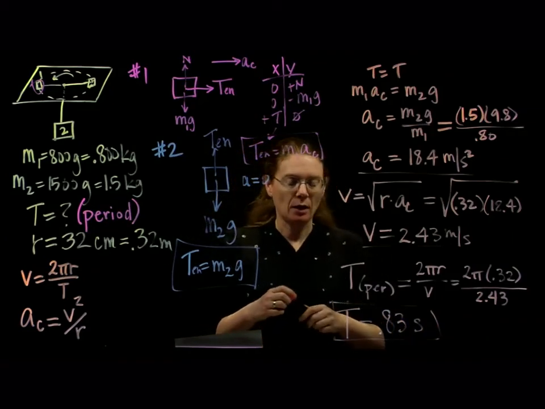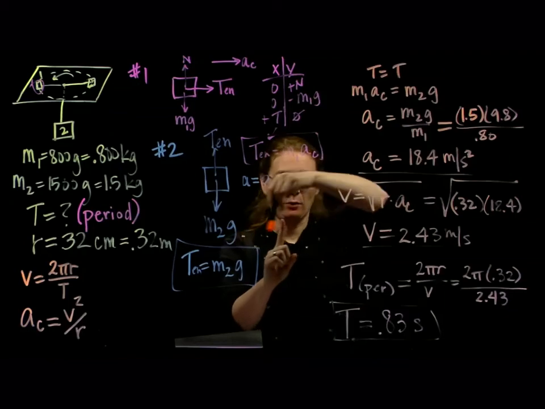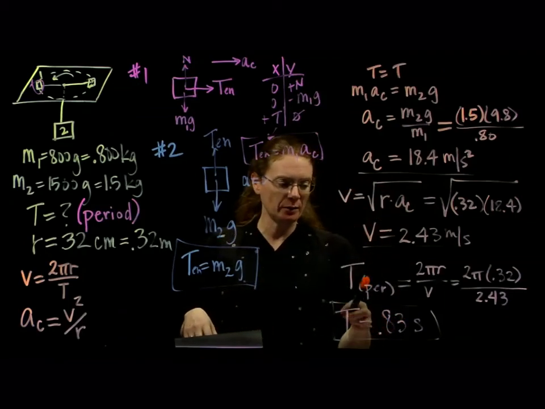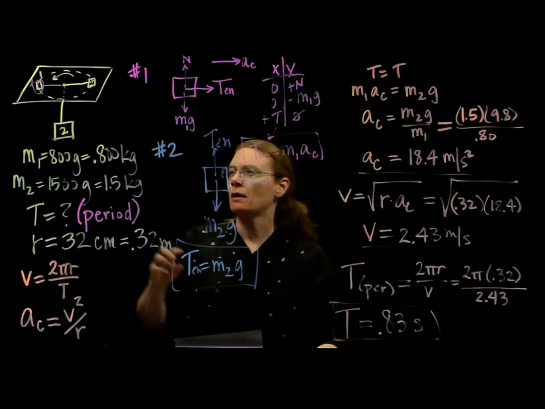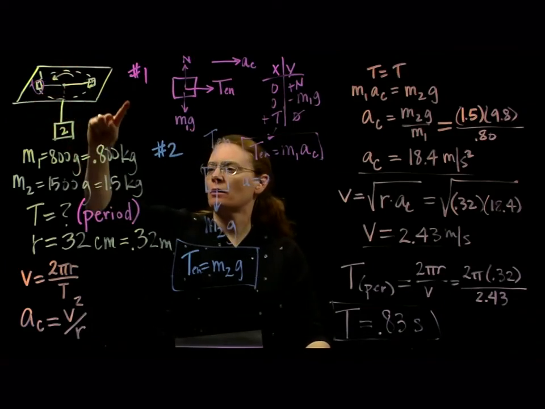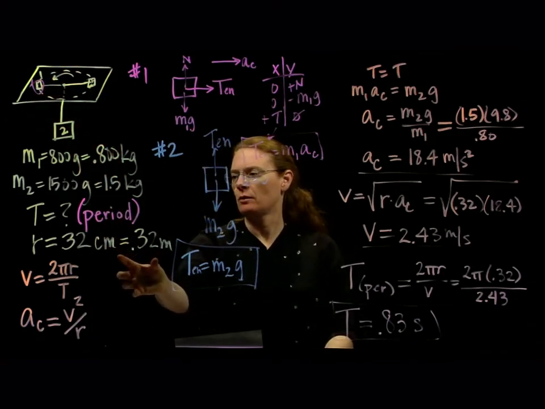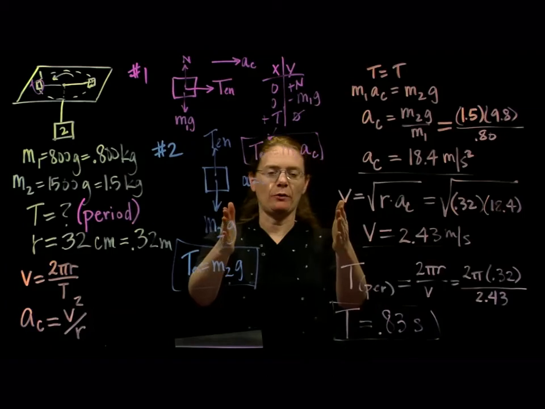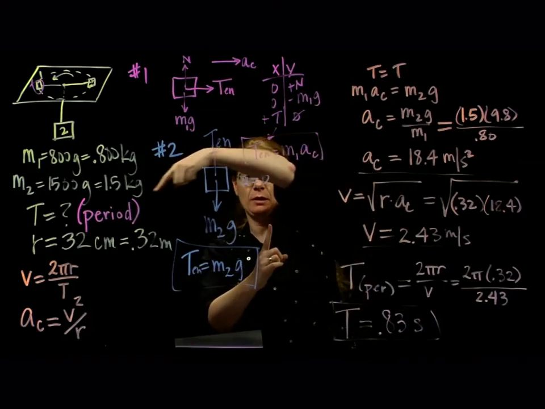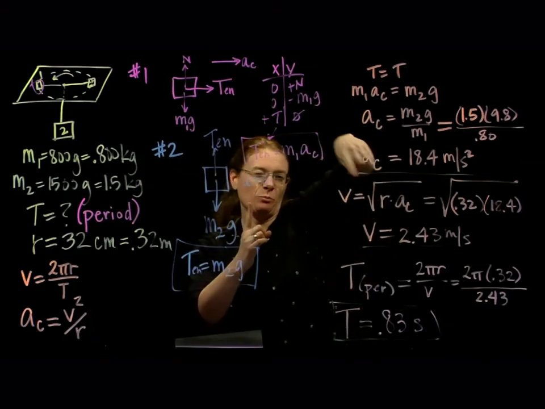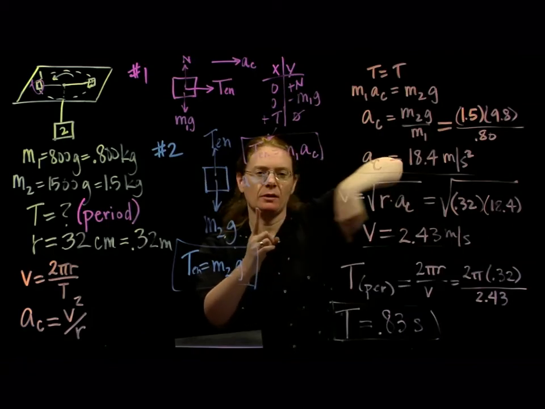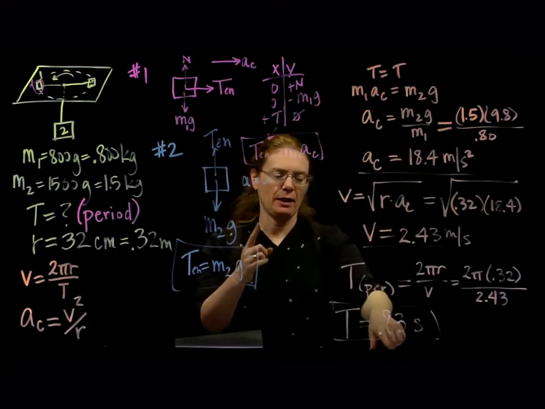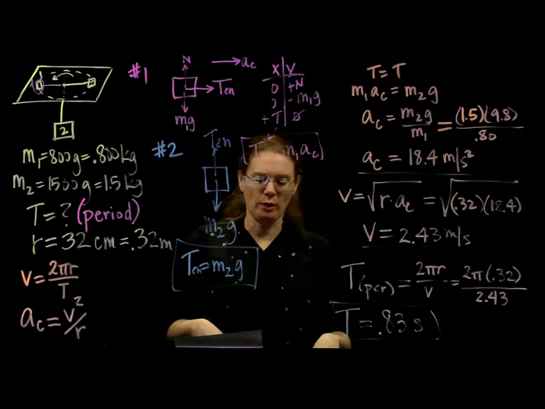What is the period? The period is the time to go once around. So a little bit less than a second for it to go around a circle that is about 32 centimeters. 32 centimeters is about a foot. So it's going about 2 feet across, 60 centimeters, in a little bit less than a second. I would say that's reasonable. Seems quite reasonable to me.